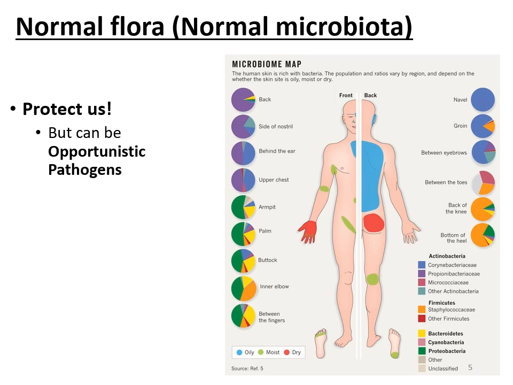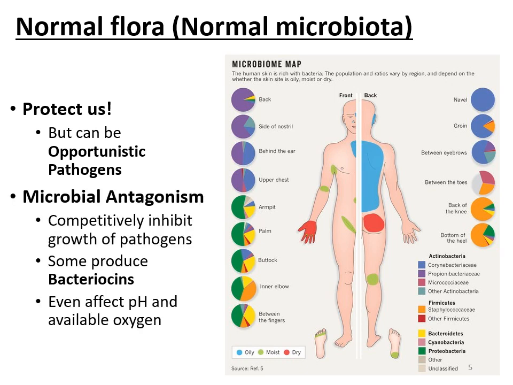Now, let's get back to the fact that they do normally help us and protect us. And the exact way that they do that is through microbial antagonism. If you antagonize something, you're going against it, right? So normal flora can go against other microbes. The way that they're protecting us through this antagonism, first of all, is by competitively inhibiting the growth of other pathogens, of other microbes.